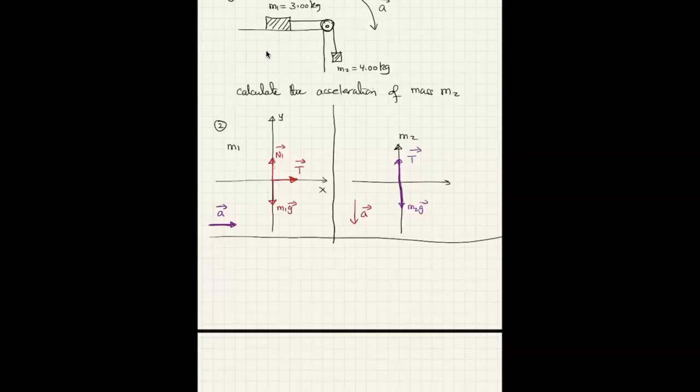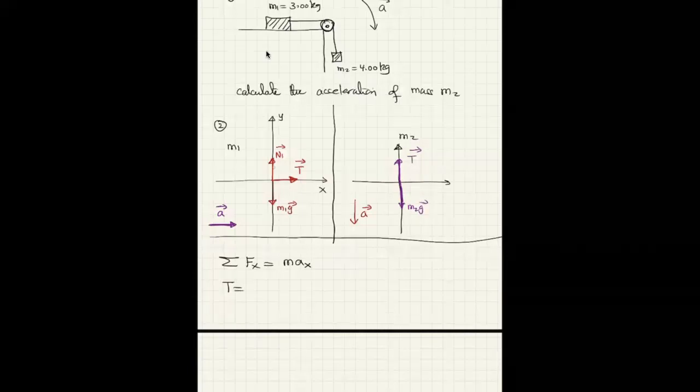In this one, because I don't have friction, I don't need to calculate the normal unless they are asking you about the normal. But what I can say here is sigma Fx equals ma. Here I'm talking about mass 1, then T is the only force.